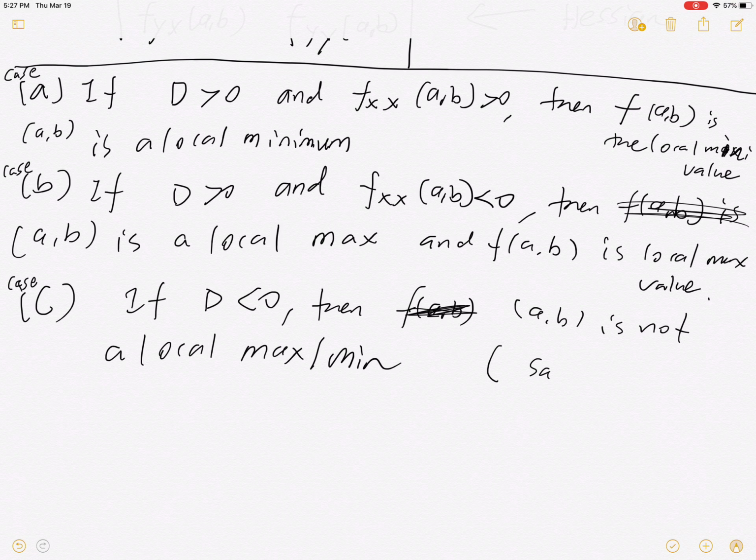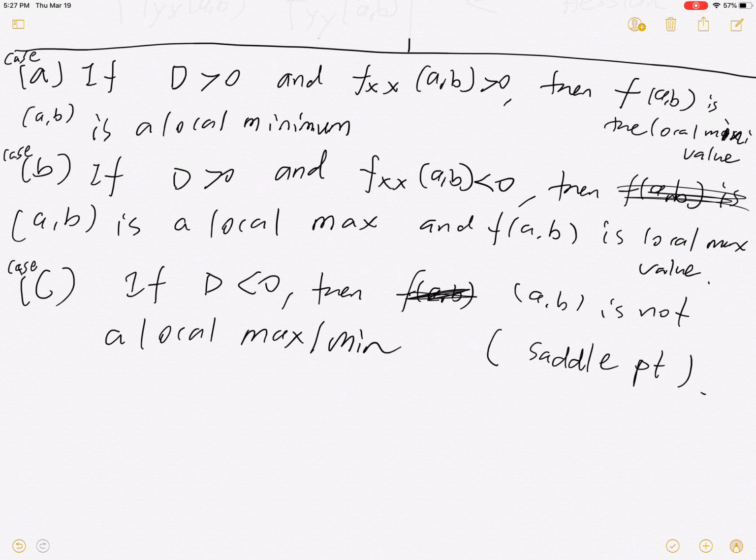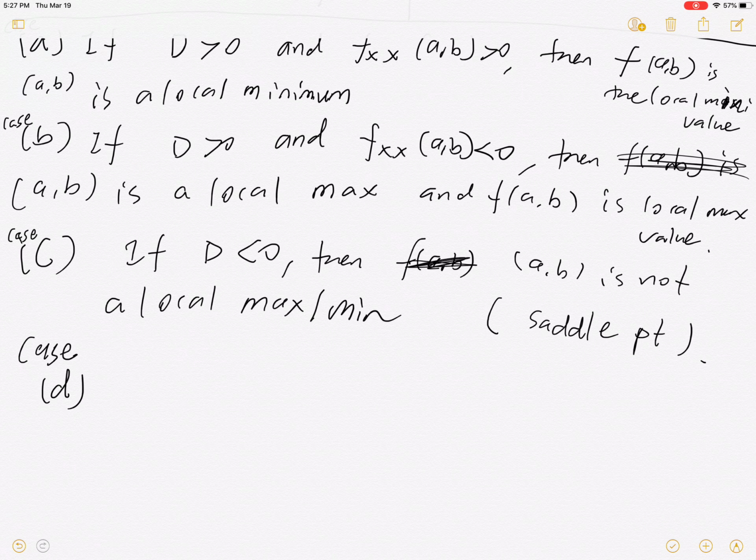So actually it's a saddle point. And similar to any criterion, there might be some exceptions. If you are not lucky enough, your determinant is 0, then the test concludes nothing.